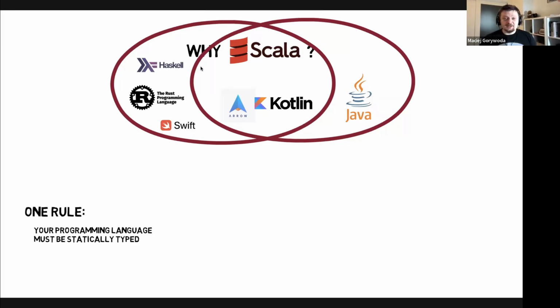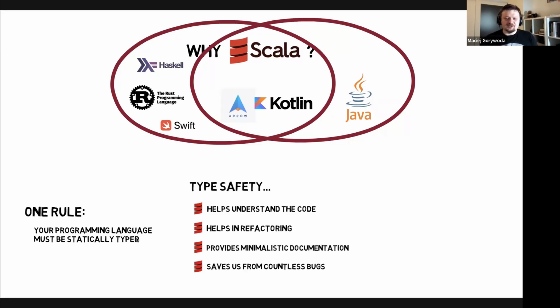Generally I like many programming languages. I've worked with Scala for 10 years now, but before that I used C, C++, Java, Lua. One thing that I learned is that I prefer statically typed programming languages, because of that minimalistic documentation I already mentioned.